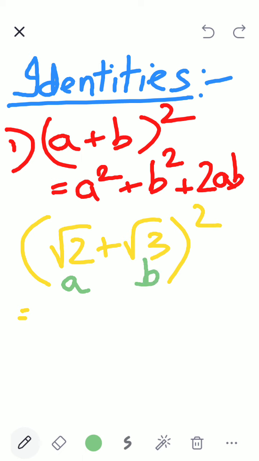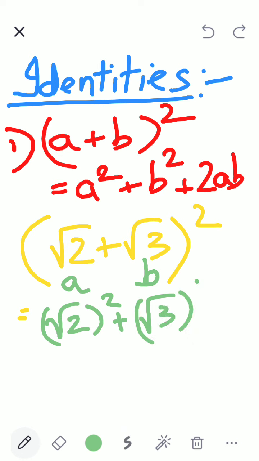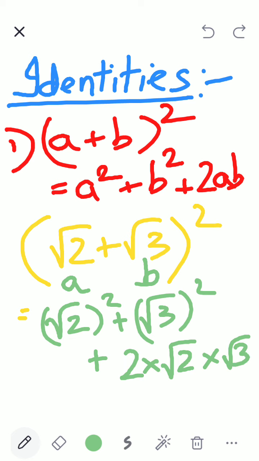So then I will write root 2 square plus root 3 square plus 2 into root 2 into root 3.